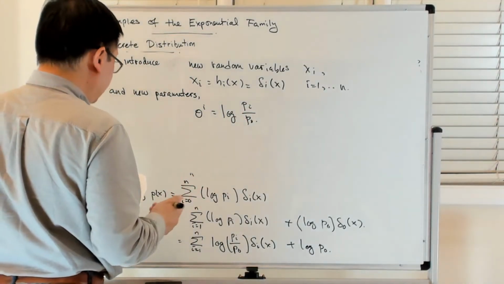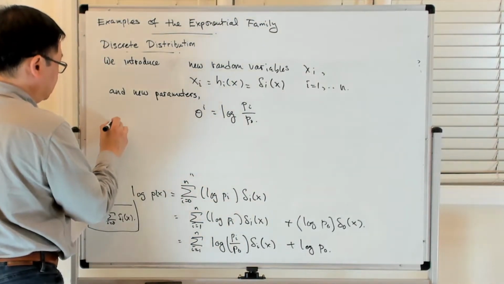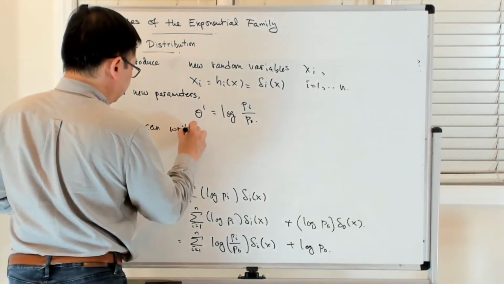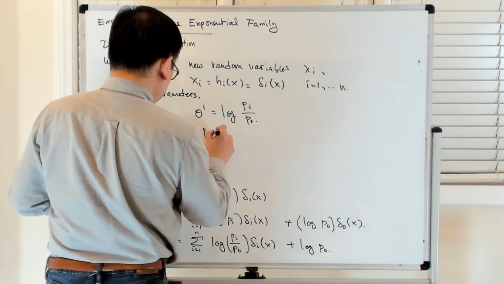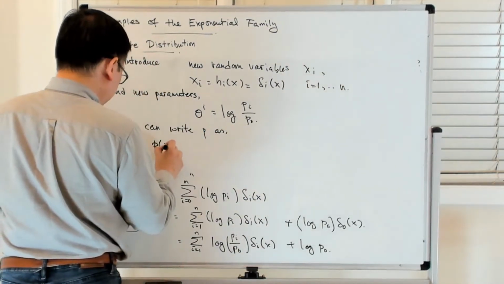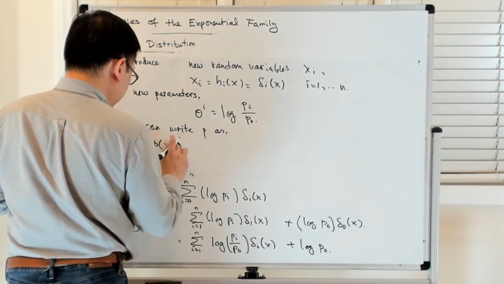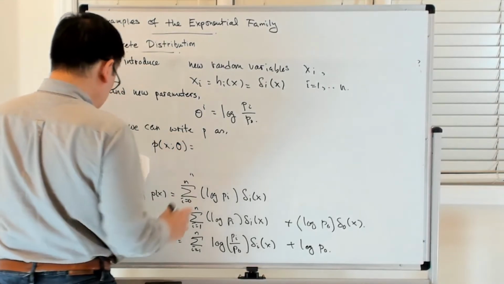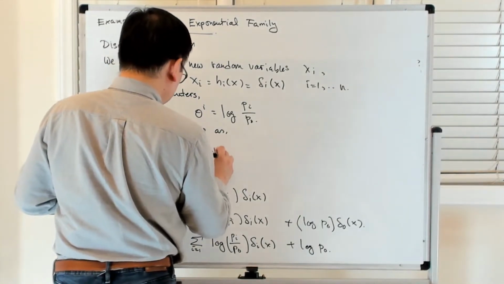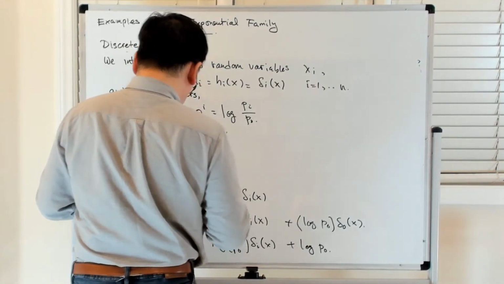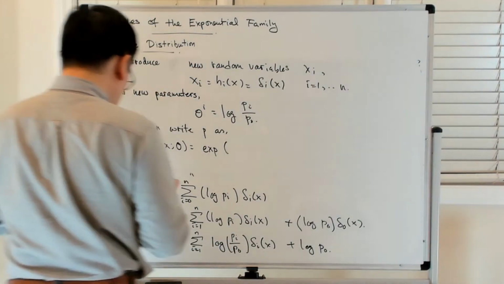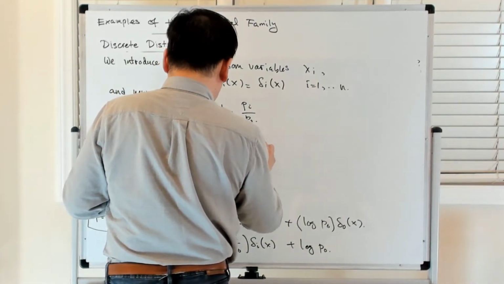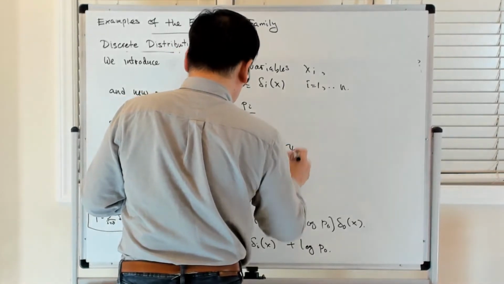With that, I can write this distribution as the following: p of x, theta is the exponential of the sum from i equals 1 to n of theta i xi minus phi of theta.